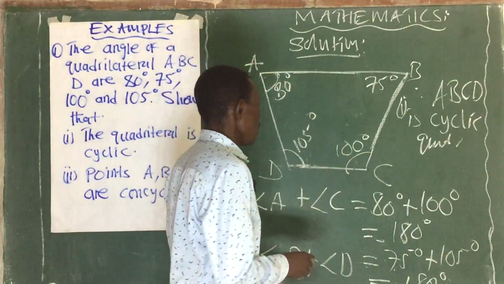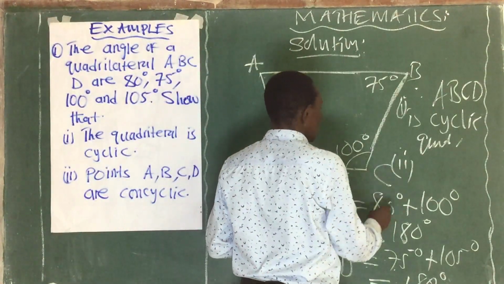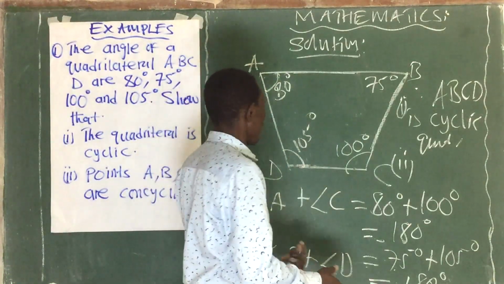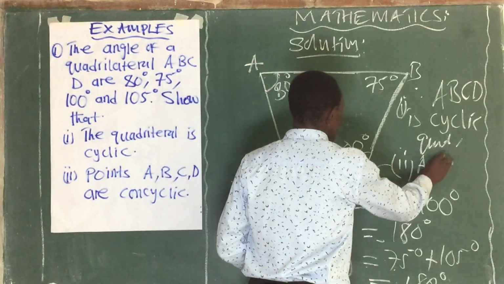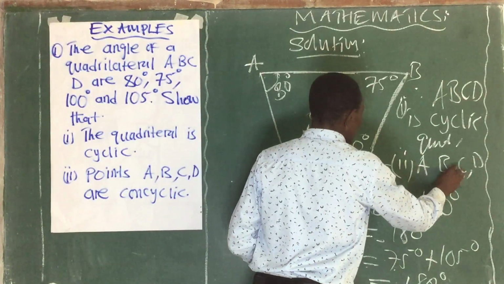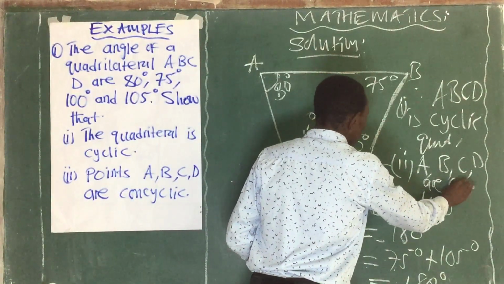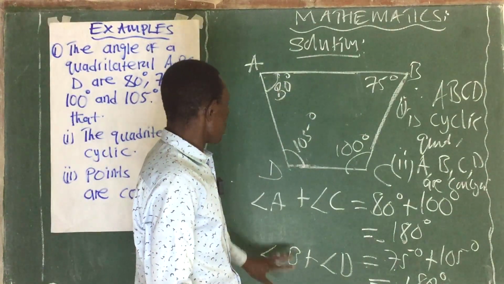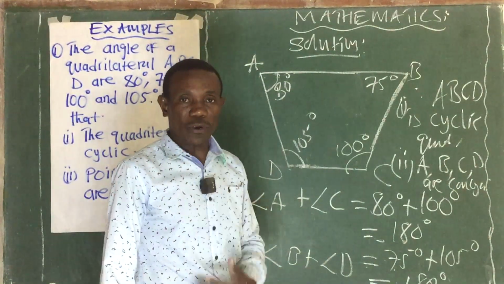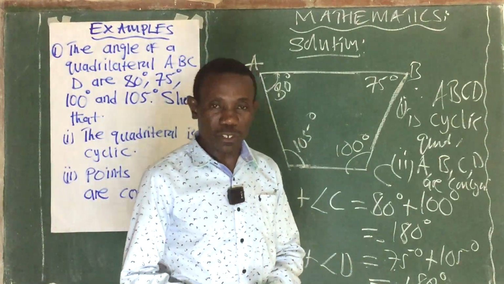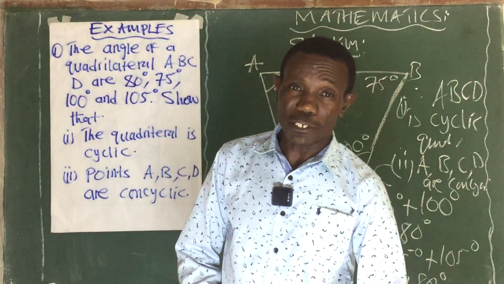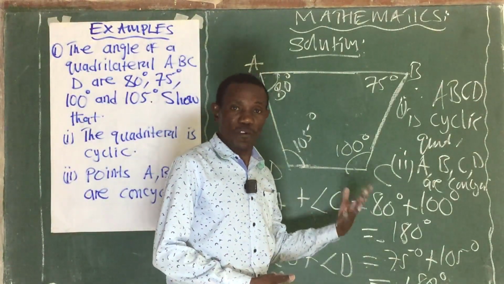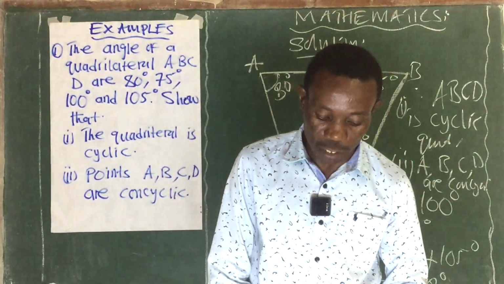Therefore, since the quadrilateral is cyclic, A, B, C, D are concyclic. So, my dear students, this is one way you can apply the second condition to deduce that a quadrilateral is cyclic and that the vertices are concyclic.